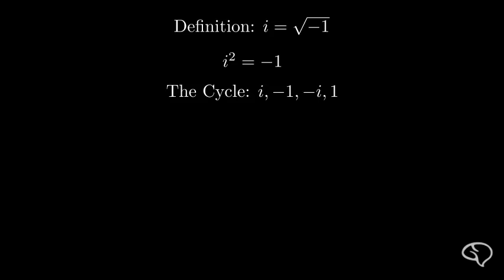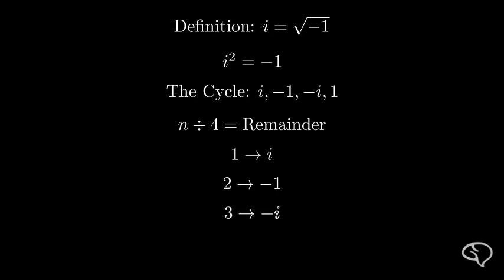To find the value of i to any positive integer power, n, we use the remainder when n is divided by 4. If the remainder is 1, the answer is i. If it's 2, the answer is negative 1. If it's 3, the answer is negative i. And if the remainder is 0, the answer is 1.